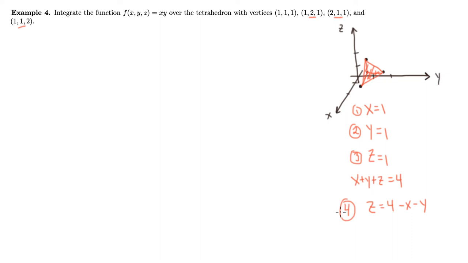Okay, so notice that for any fixed x and y point in this lower triangle, well, z is going to go from 1 to 4 minus x minus y. It's going to go from the bottom plane, which is z equals 1, up to 4 minus x minus y. Okay, and then we'll integrate the function xy dz. Now we just need to see where I'm fixing an xy point on this triangle.